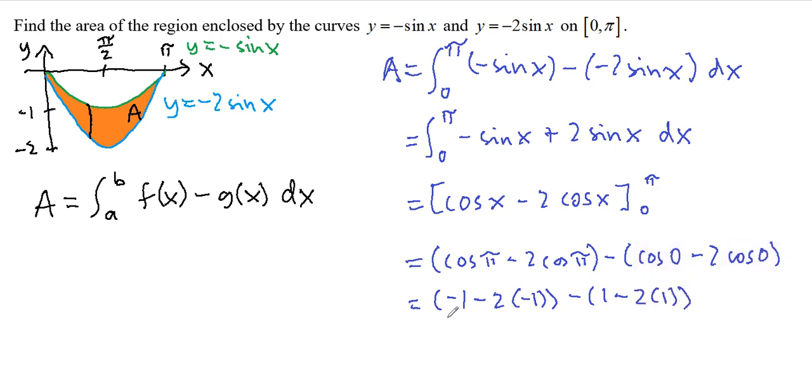That is a lot of brackets, so be careful when you write something like this up. The very first bracket evaluates to +1, and the second bracket evaluates to -1, which yields 2 square units for the area of the enclosed region.